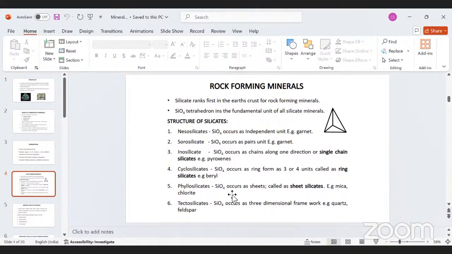If it is a single chain, one silica has a bond with three oxygens. And for double chains, suppose there are four silica atoms, these four silica atoms relate to 11 oxygens.